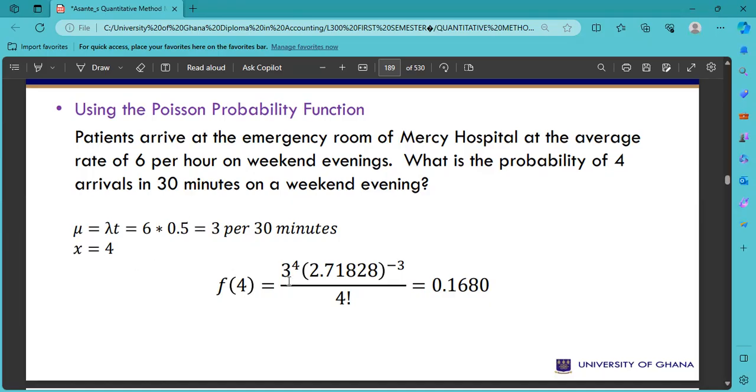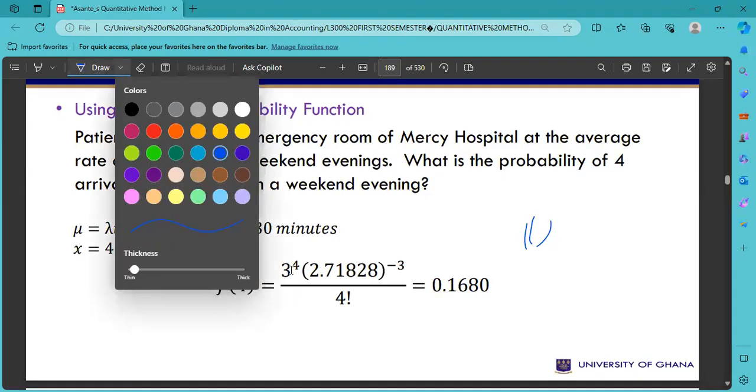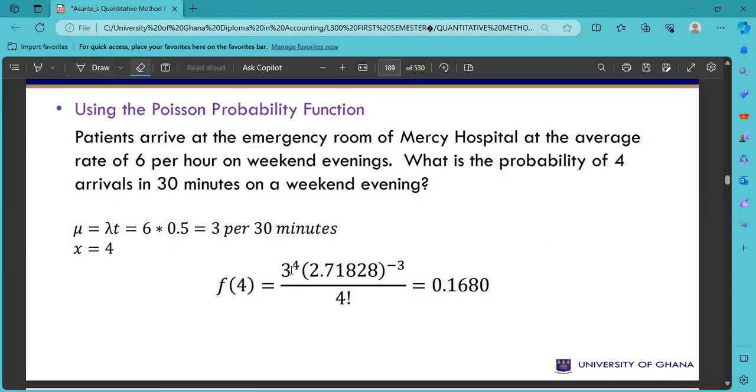So now we are looking for 4, so we just put the same thing in the formula. The formula is mu raised to the power x, e raised to the power negative mu, all over x factorial.